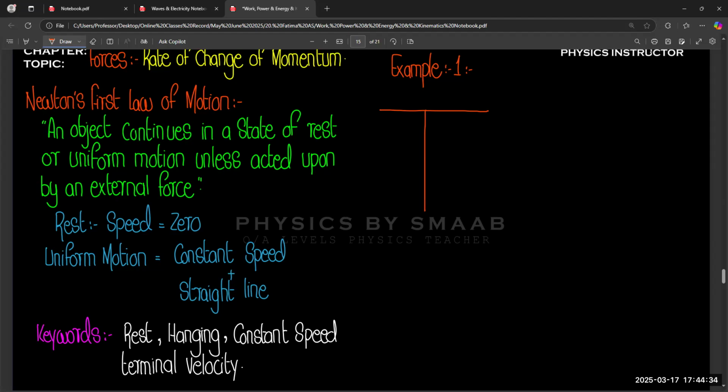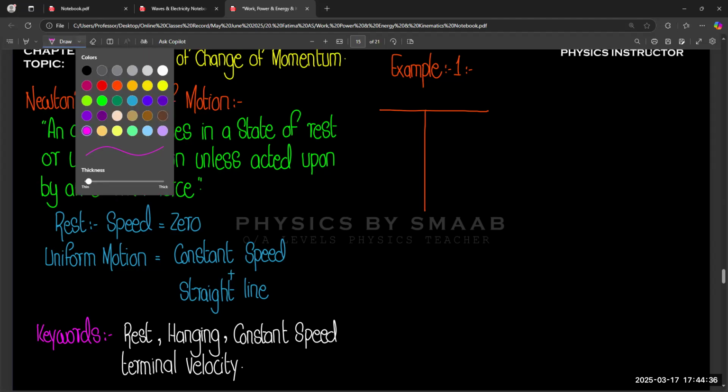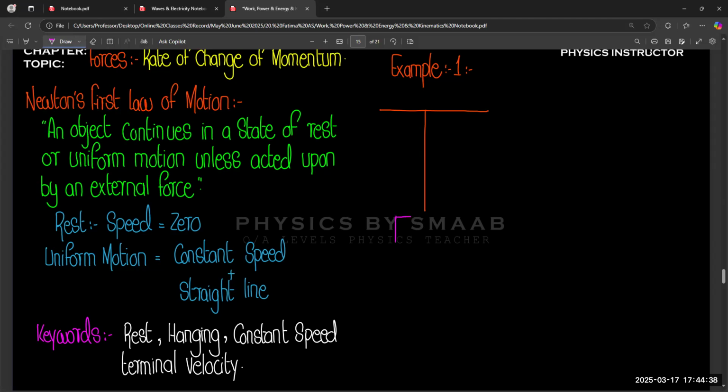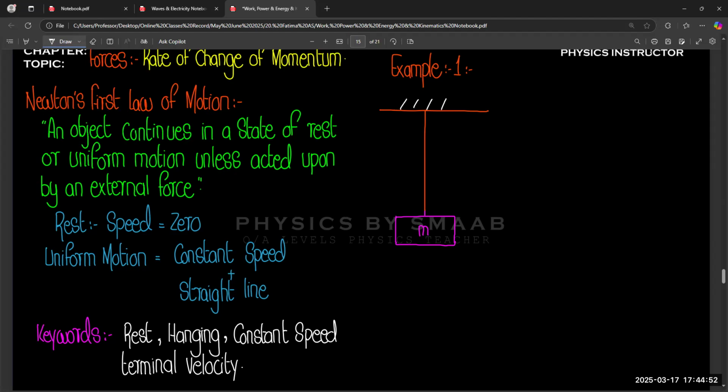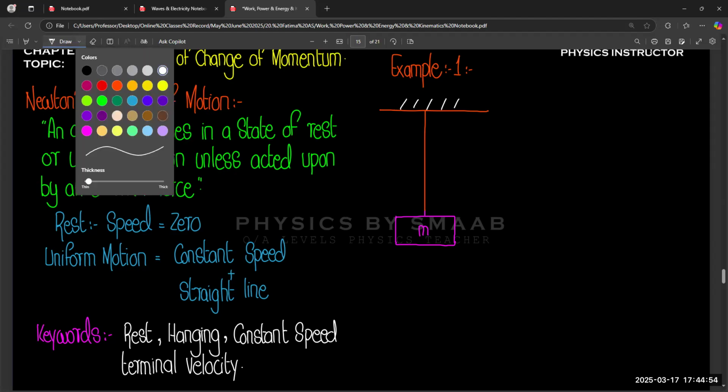So when an object is hanging, in this situation we use the idea of tension in the string.